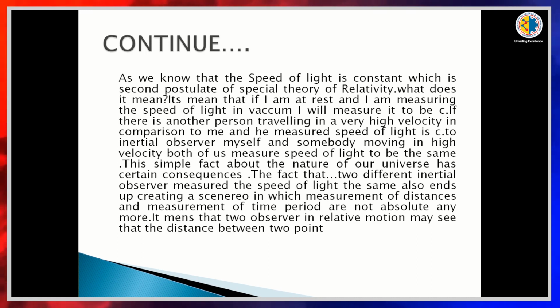So, due to this principle of relativity, that the speed of light is constant for all, this created the scenario for these consequences, which are known as Lorentz consequences. Now, we are discussing length contraction, that means contraction in length. So, we can consider a rod, a clock, and so many objects in the case of length contraction.